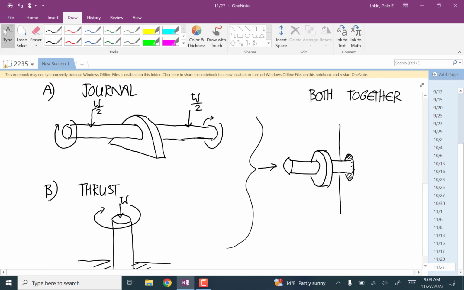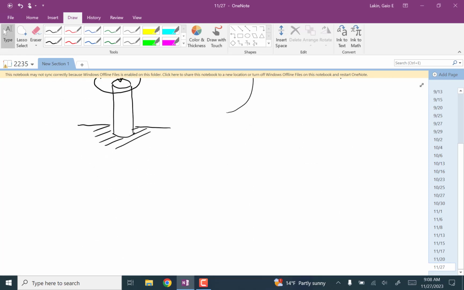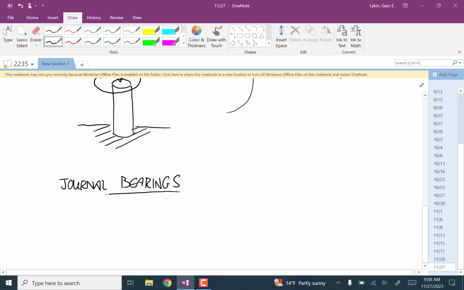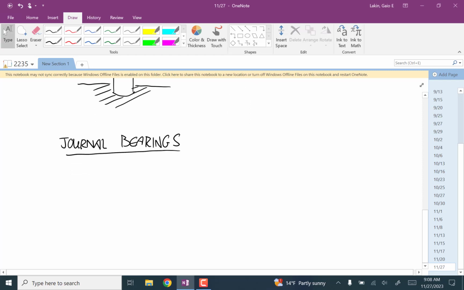All right, so let's start with journal bearing friction. I'm going to do a free body diagram of the axle, from the side.